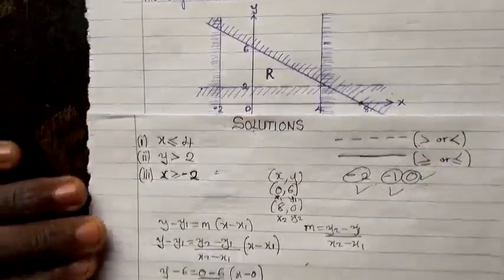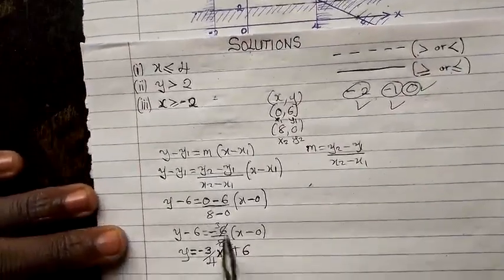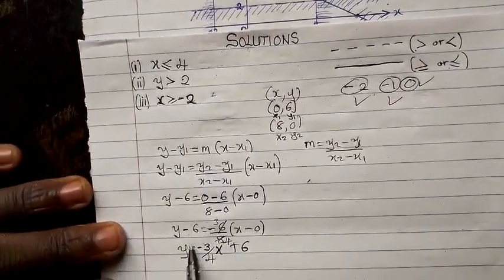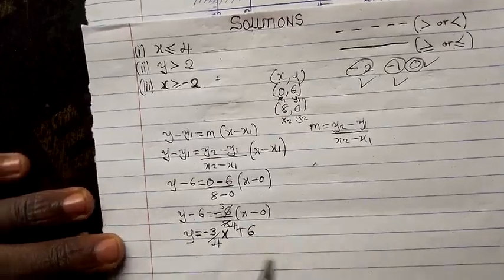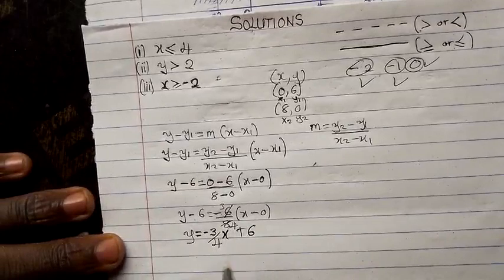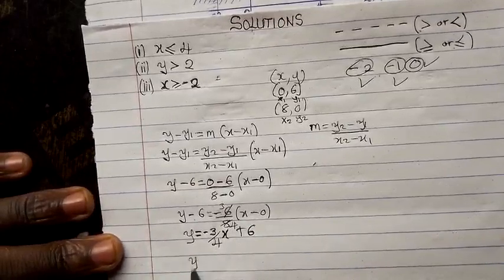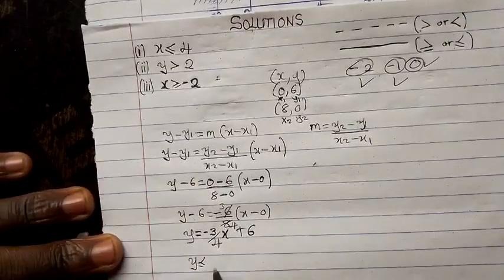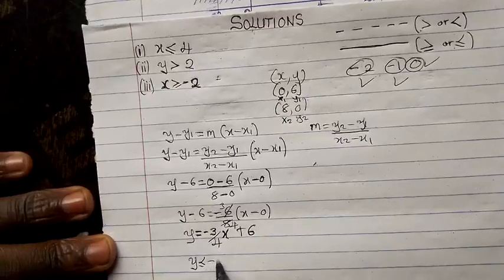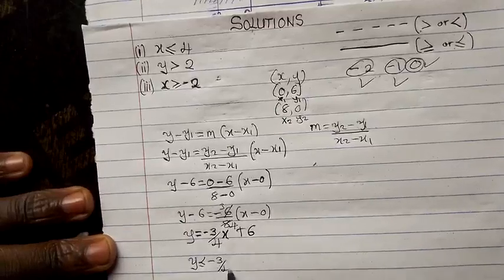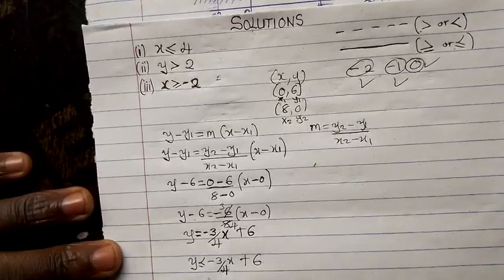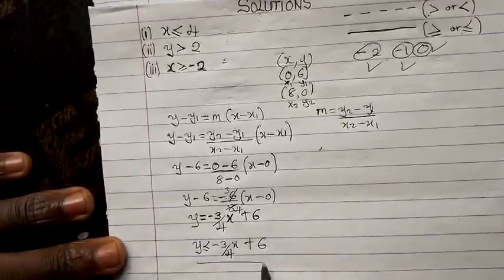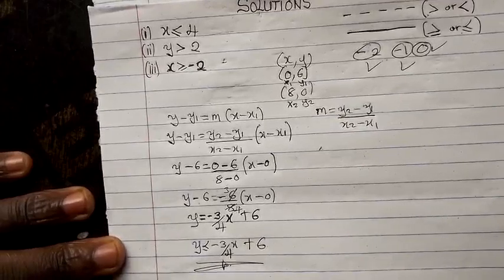So on this part here, I'm going to remove the equal sign and put less than or equal to. So I'm going to say y is less than or equal to negative 3 over 4x plus 6. Which means on this part here, you are done.